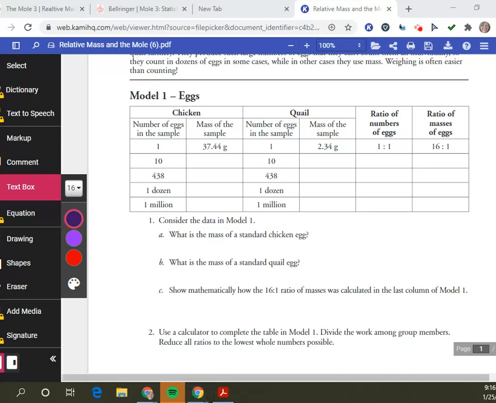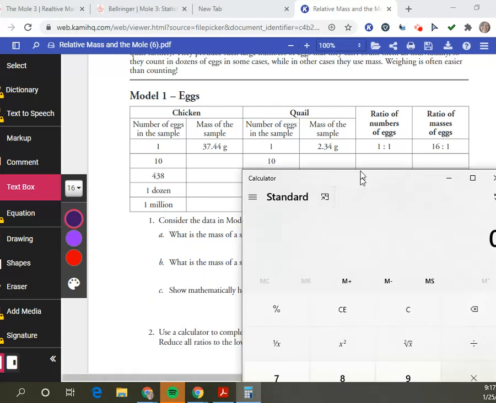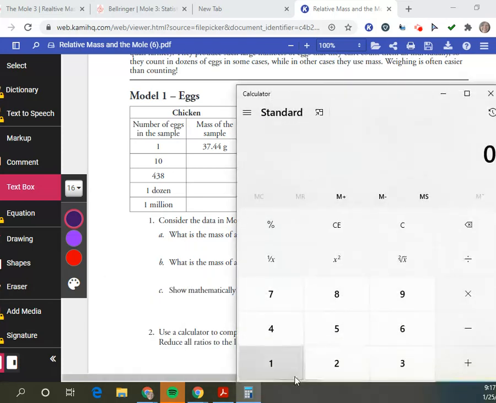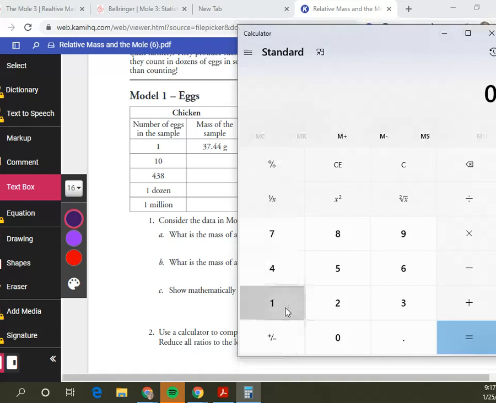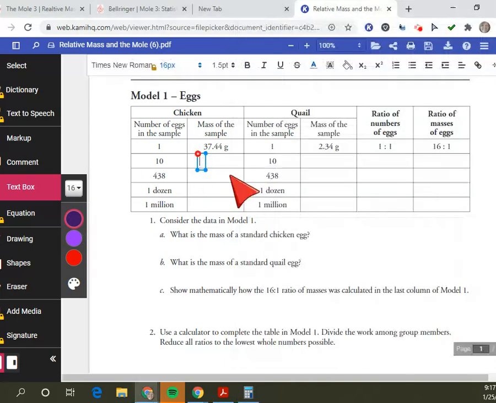So we pull in a calculator and we just say 10 times 37.44 equals, well, you guys probably could have done that in your head, but 374.4, and then we're just going to write it in your data table.